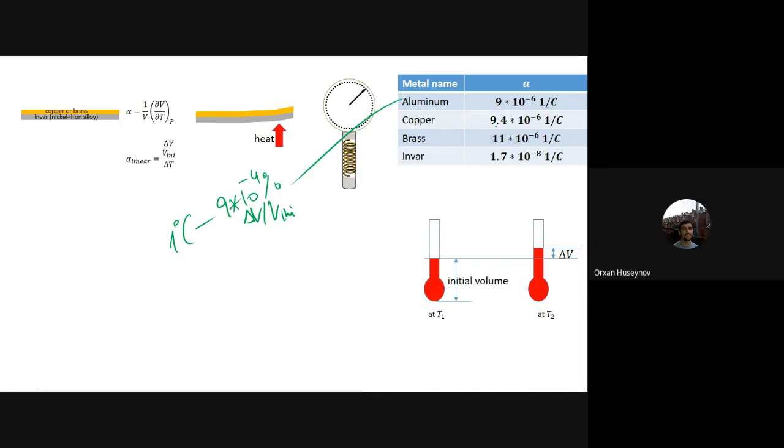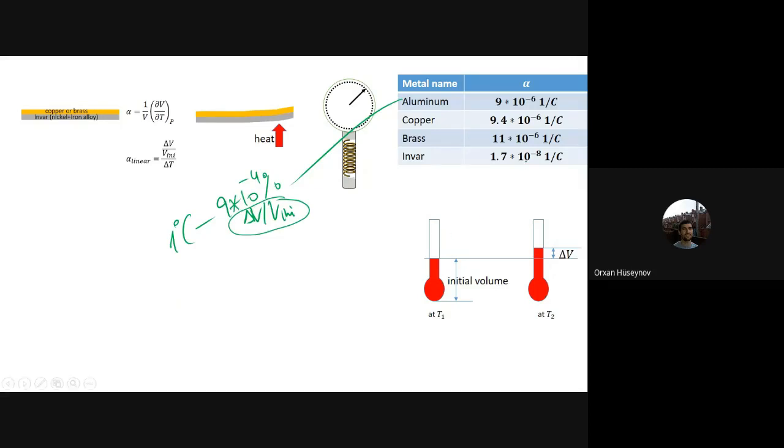For copper, it is 9.4 times 10 to the negative 4 percent. You can see this change is very, very small. Very small means you can have errors in measurement. So accuracy and precision come into the picture.